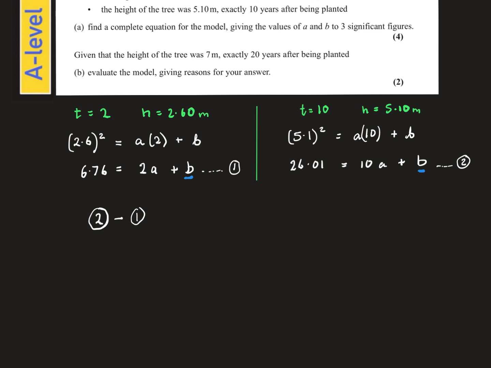deduct one equation from the other, the b will disappear. And so I'll write 26.01, which is equal to 10a plus b, and I will take away the equation 6.76, which is 2a plus b.